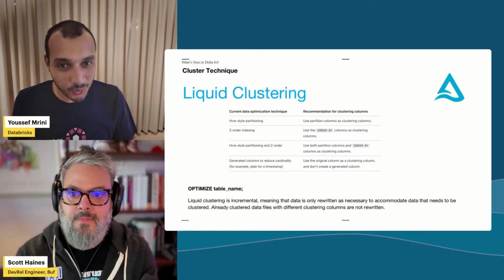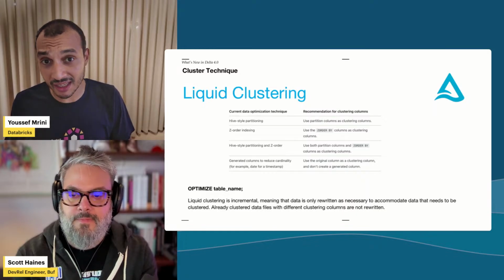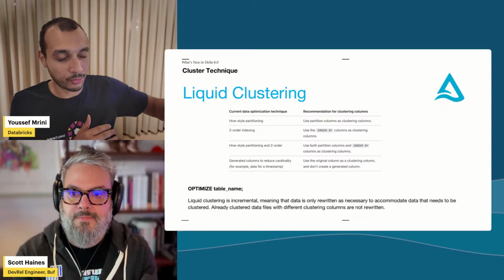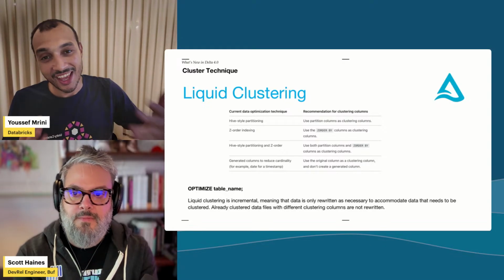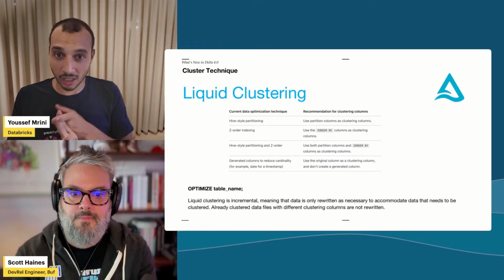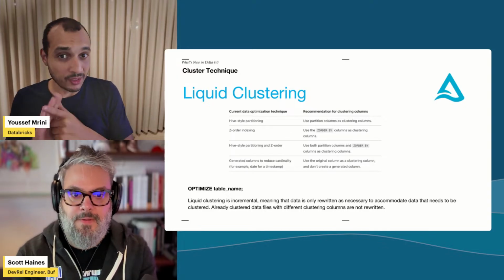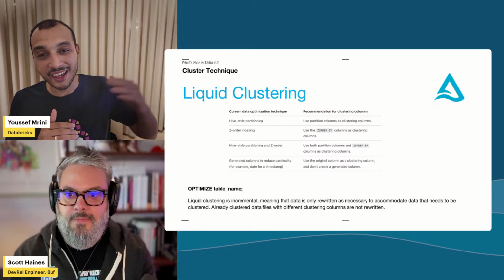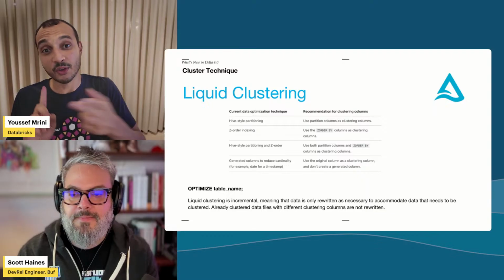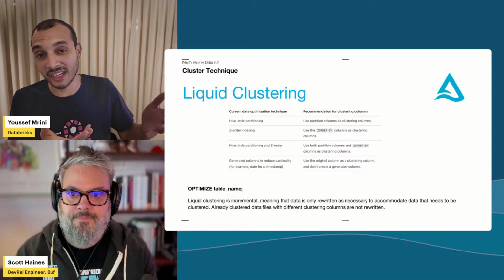Just keep in mind that when you use clustering, you're going to automatically upgrade to the more recent reader and writer protocol, and it will automatically enable deletion vectors, column mapping, and row tracking, if I'm not wrong. So basically, deletion vectors help you avoid rewriting the Parquet files every time. Column mapping allows you to have spaces or special characters in the names of the columns.